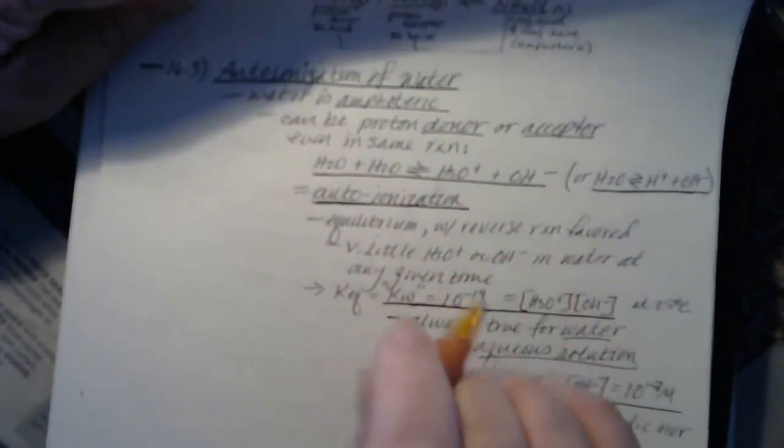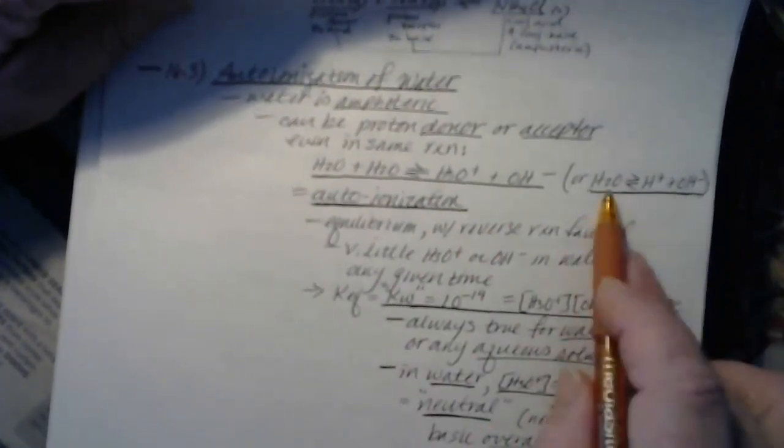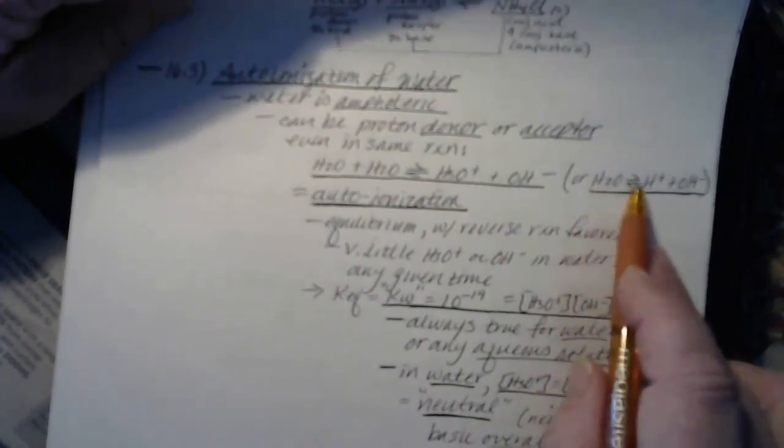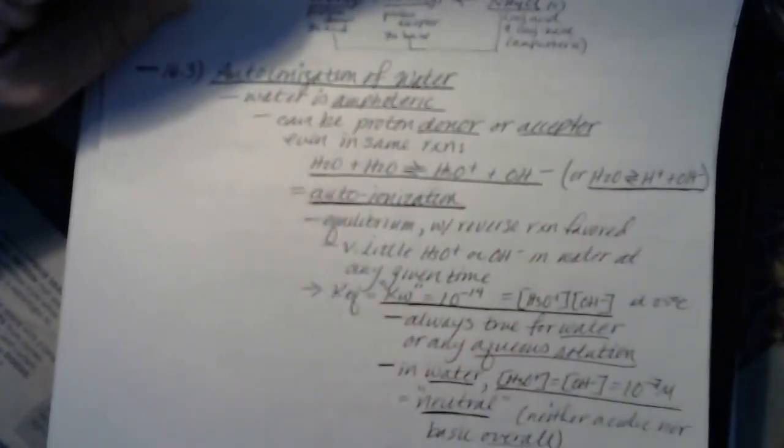Even when nothing else is present, the H2O molecules will ionize to some extent into H+ and OH-, which is the reaction that's shown right here. H2O can dissociate into H+ and OH-. Or if you want to show it the way with H3O+ ions instead, it would be like this.